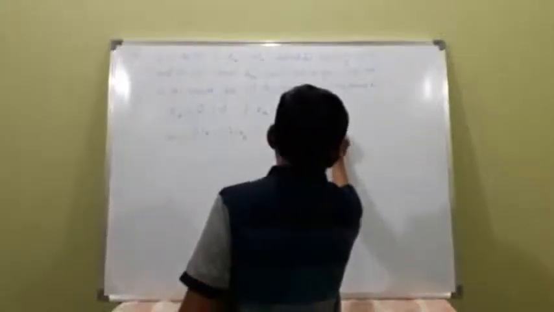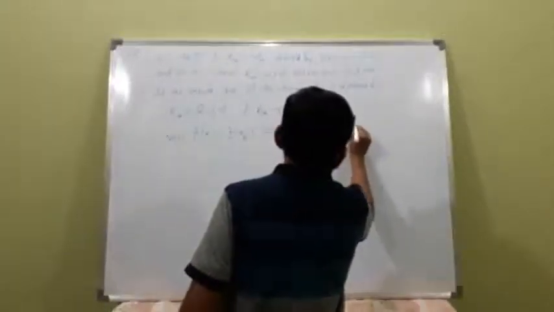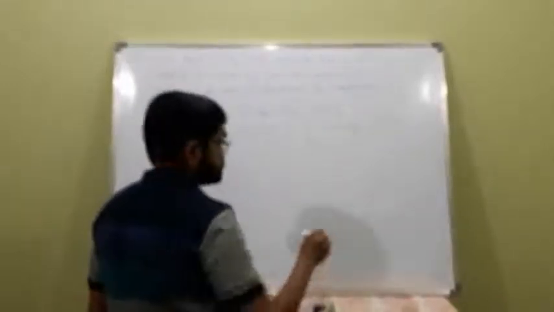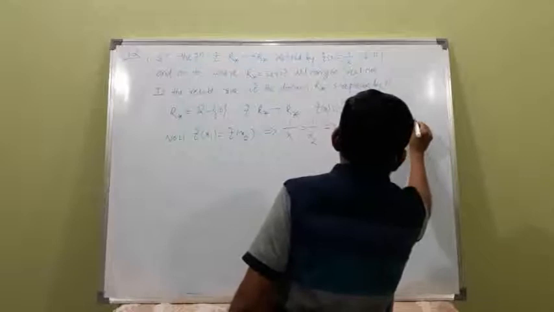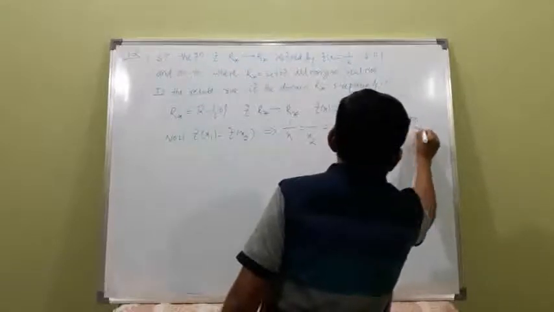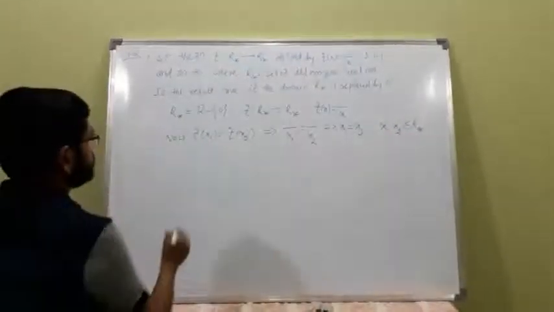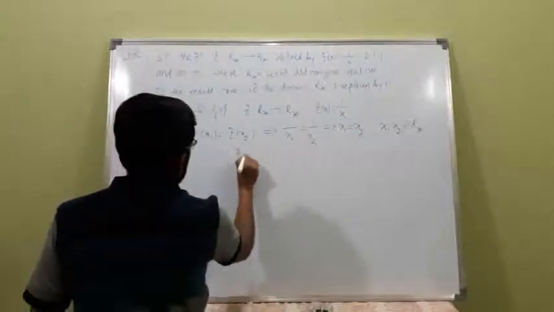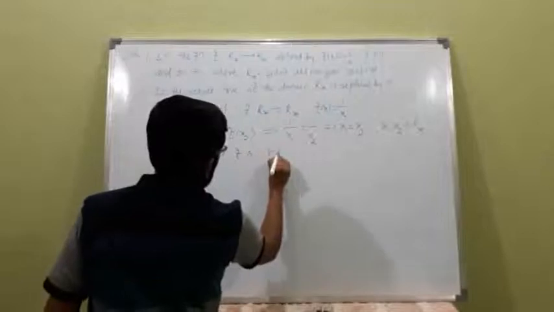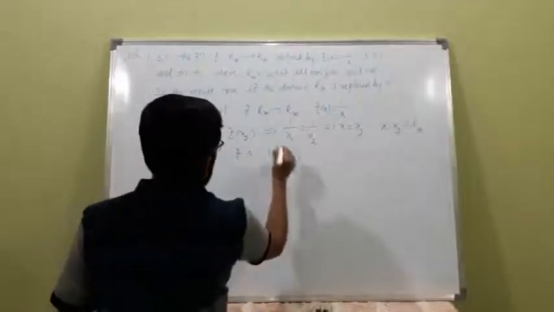This implies x1 is equal to x2. x1, x2 are taken from this R star. Therefore, f is a 1 to 1 function. f is 1 to 1.